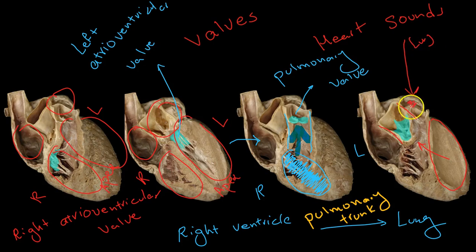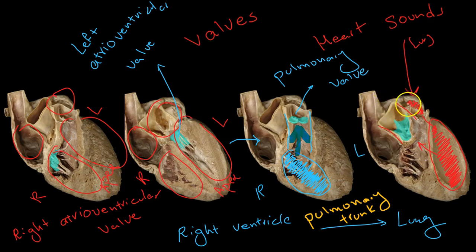So then it's going to send this oxygenated blood or red blood from the left atrium to the left ventricle. It means that in left ventricle, we have red blood or oxygenated blood. And then we are going to send this oxygenated blood through the whole body, the entire body.